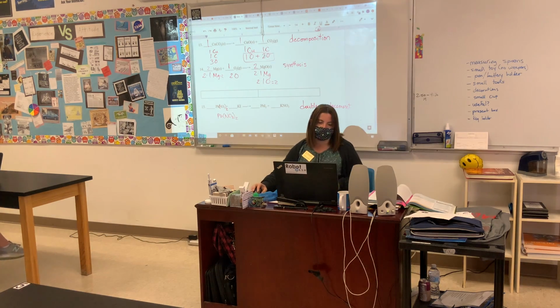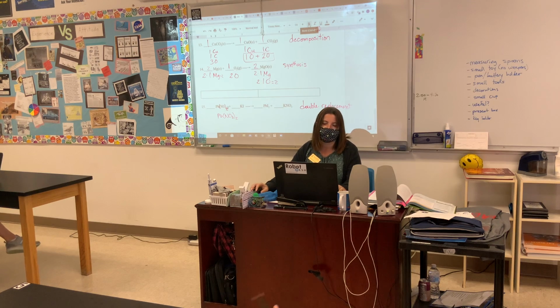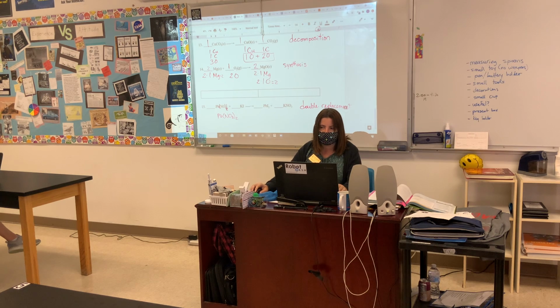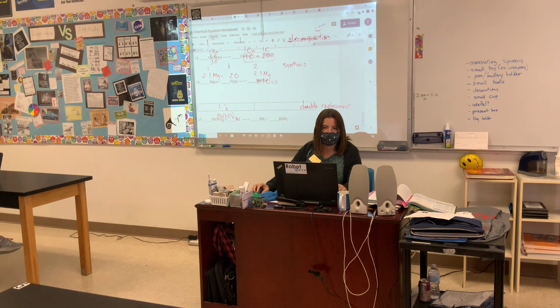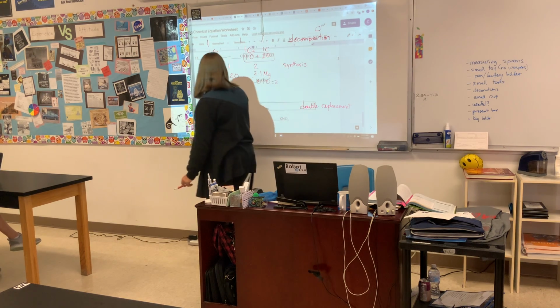It should be Pb(NO3) with a 2 behind it. It's still 1, 2, 1. So that's what that looks like. Okay, so that's our issue right there, that we were missing that.